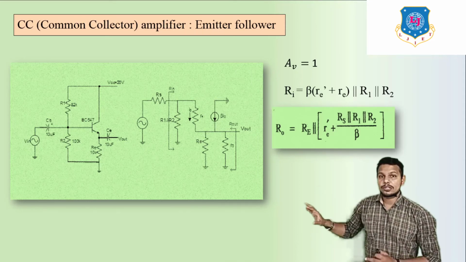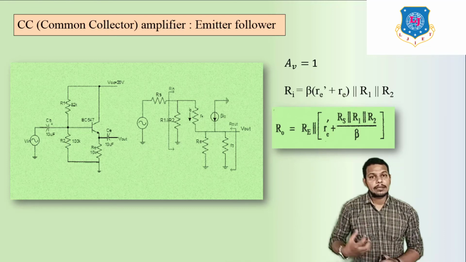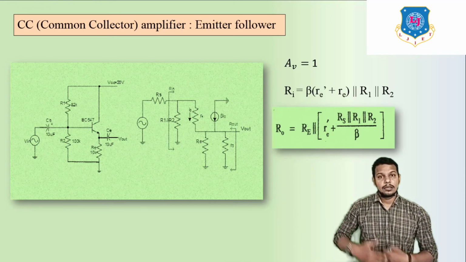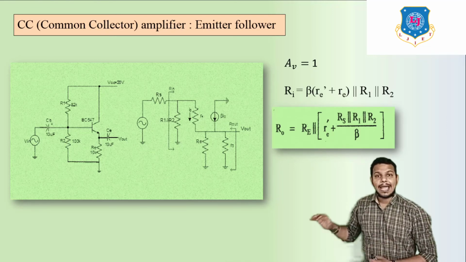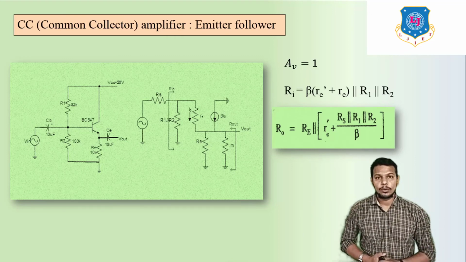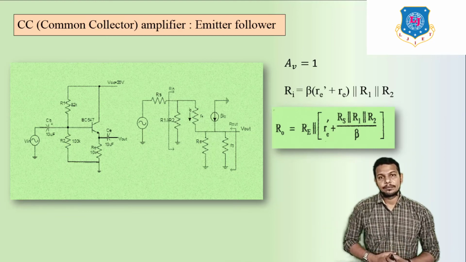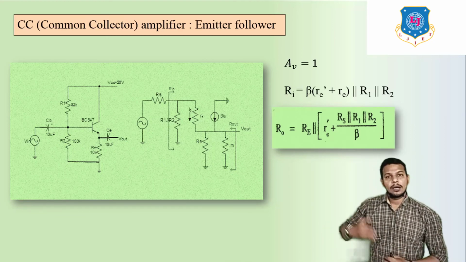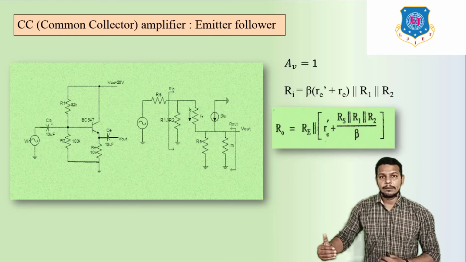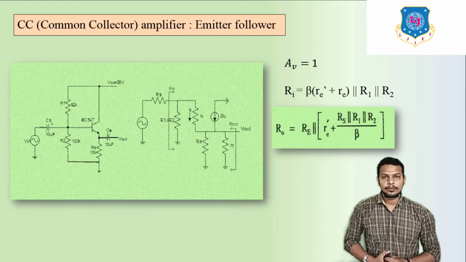Now next is the CC amplifier. CC means common collector amplifier, and its other name is emitter follower. Why is it known as emitter follower? Because it follows the input signal. Whatever we apply at the input side, we get the same at the output side.